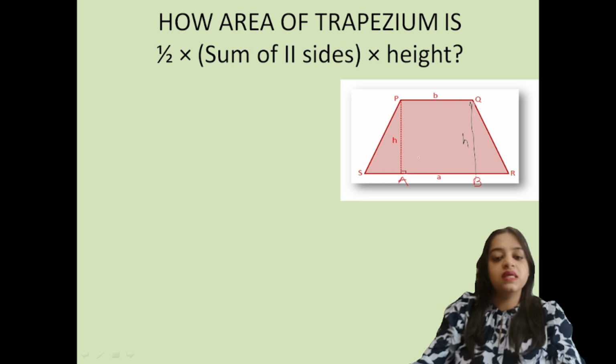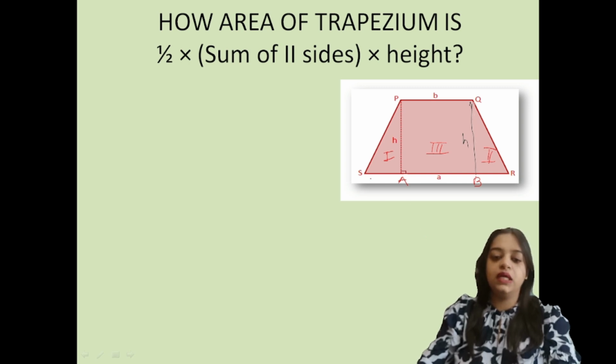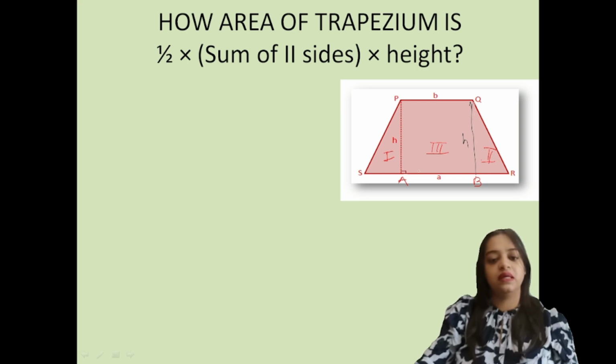So this PA is height, this QB is also height, which is same. तो इस trapezium के तीन parts हैं जिसमें number 1 triangle, number 2 triangle, 2 triangles are there and this third shape is rectangle, right? So if I want to calculate this area of trapezium, I will calculate the area of these two triangles and this rectangle. इन तीनों को अगर हम add करेंगे तो we will get the area of trapezium.